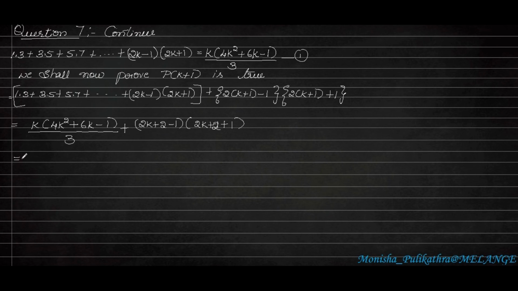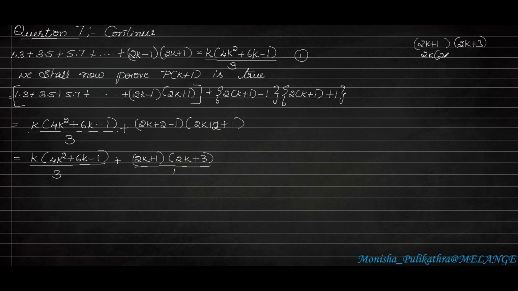Next it will become k into (4k square plus 6k minus 1) whole divided by 3 plus 2k plus 1, since 2 minus 1 is 1, and here 2k plus 3. Okay, 2k plus 3. Next we have to multiply these two factors, 2k plus 1 and 2k plus 3.